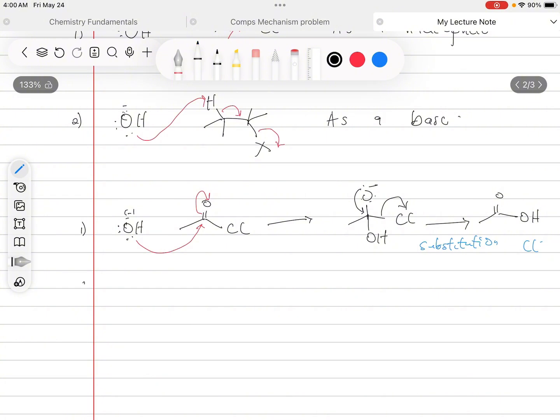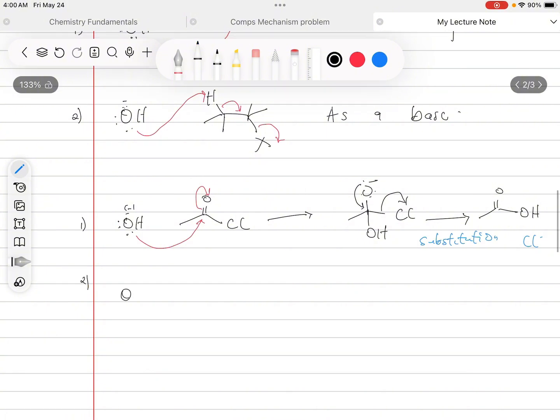But when the hydroxyl ion is acting as a base in the second reaction, it favors elimination products in the elimination reaction.